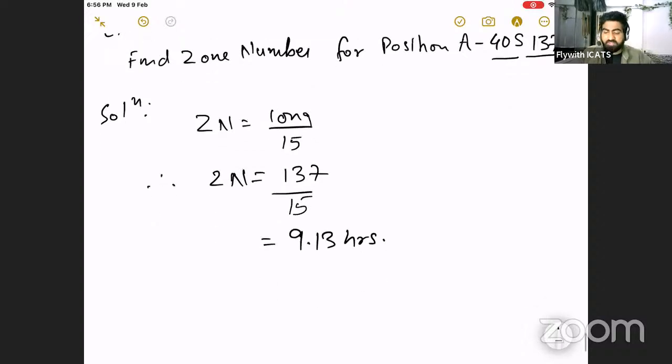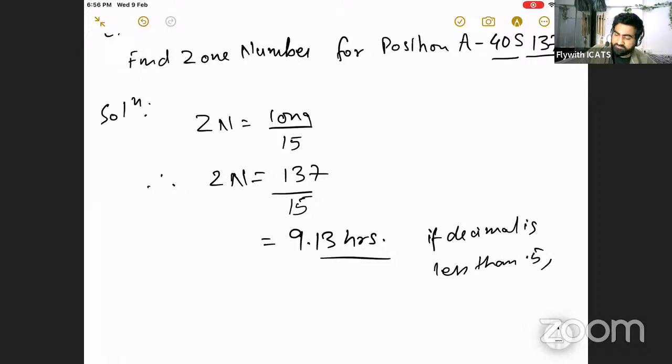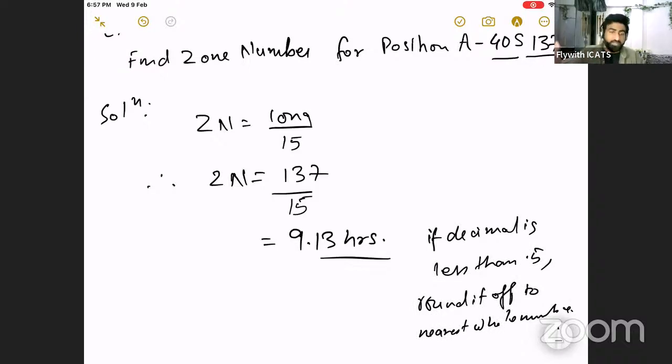Now determining your zone number, students, if the decimal is less than 0.5, round it off to the nearest whole number. If it is more, then you will go to the later number.